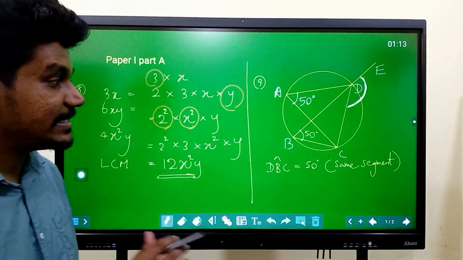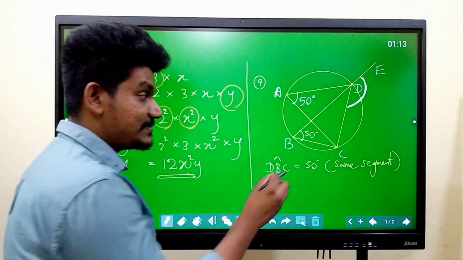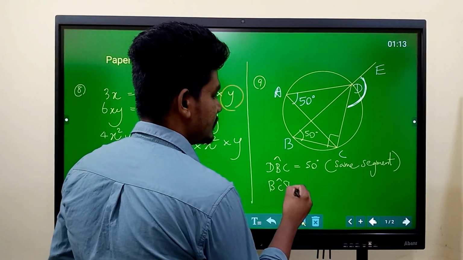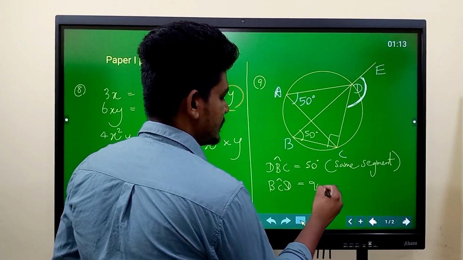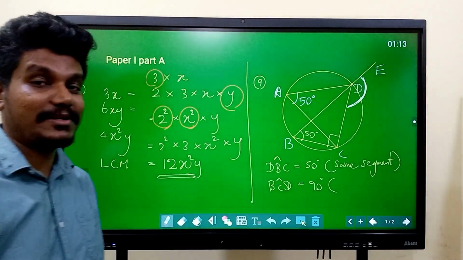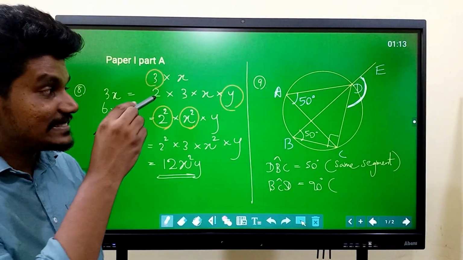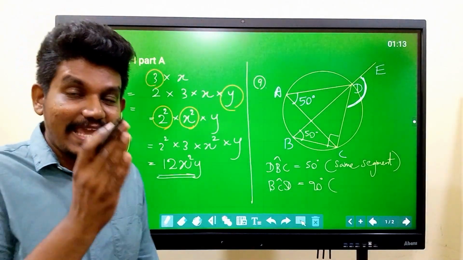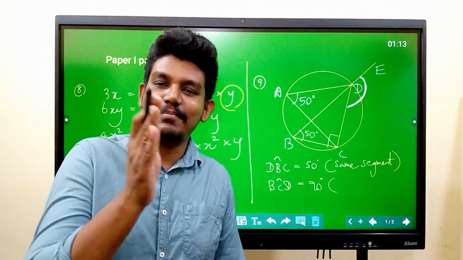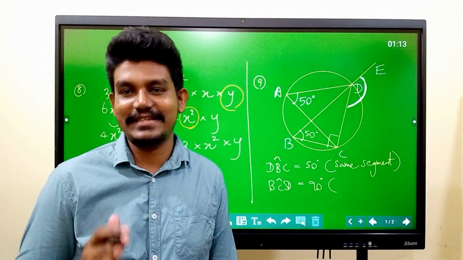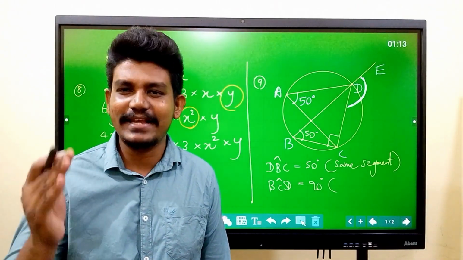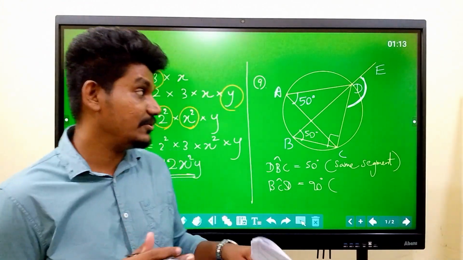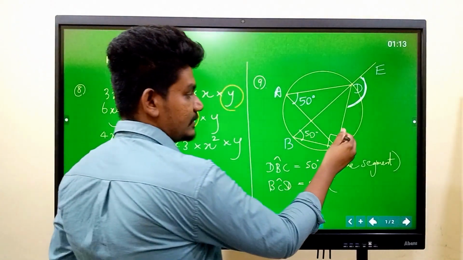You should know this one as well: why BCD becomes 90 degrees. It says in the question that BD is a diameter. If BD is a diameter, the angle subtended on the circle by the diameter will be 90 degrees. So simply we call it angles in a semicircle. Angles in a semicircle is a right angle.